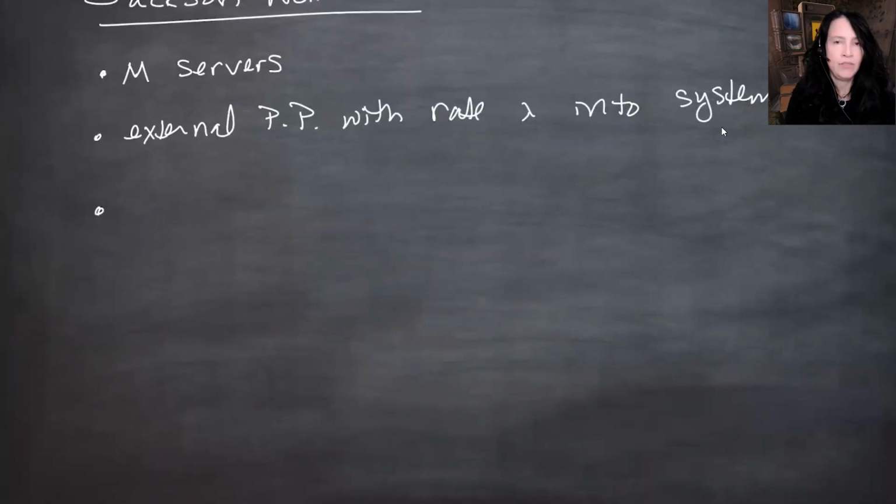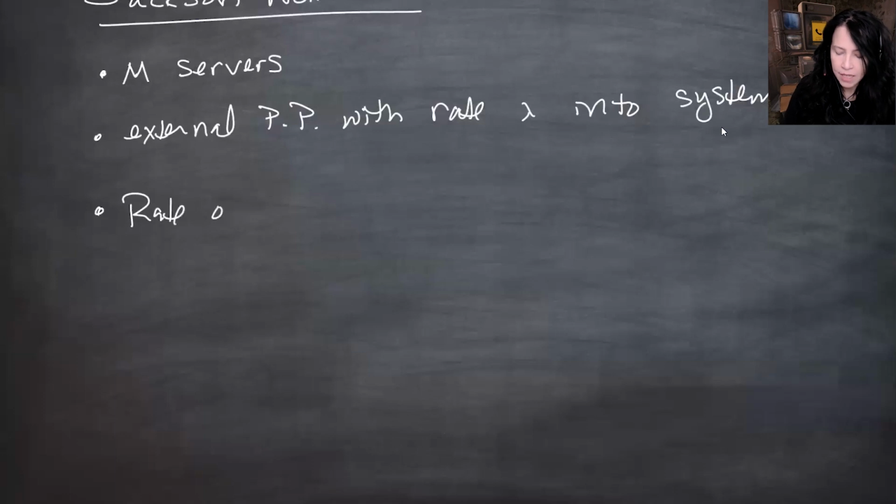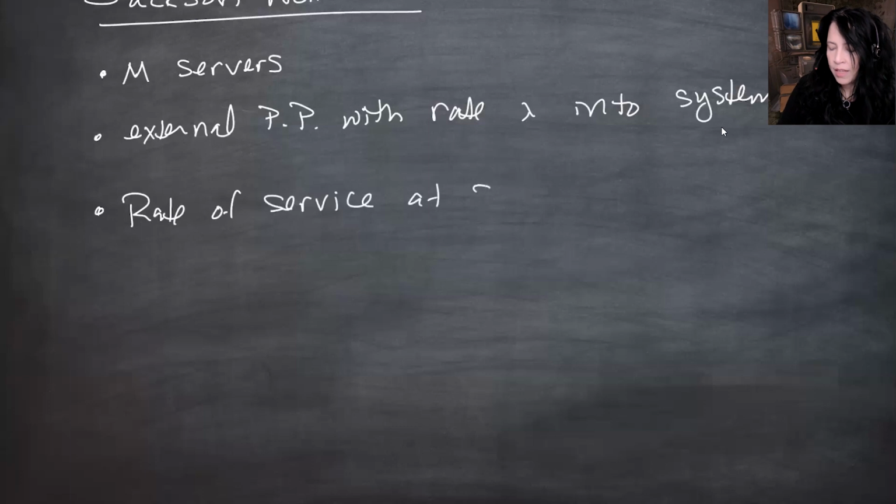The servers might have different service rates, and they are in the basic Jackson network. The rate of service at server I is exponential with some rate mu sub I.